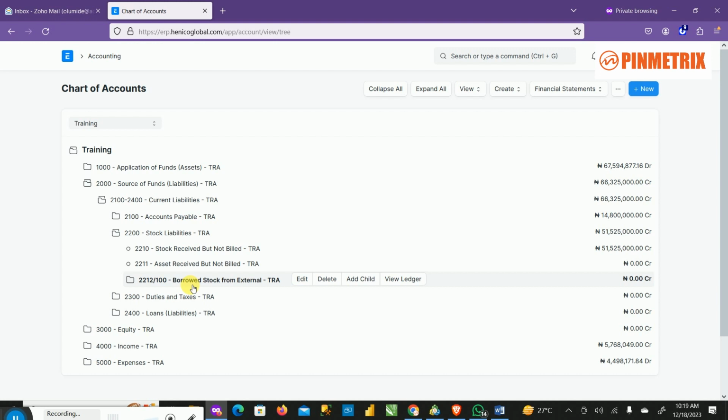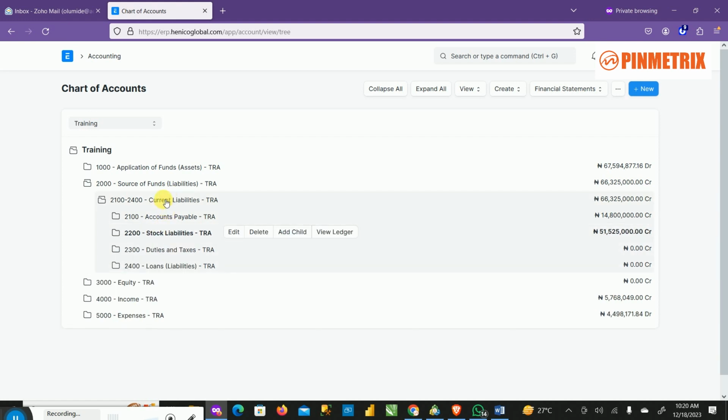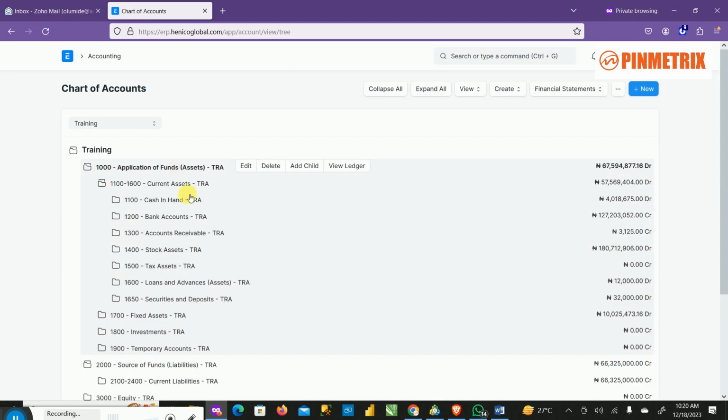It could be a receivable. On a normal day, it's supposed to be a receivables control account that you are debiting, explaining that this person is supposed to return this particular product to you. But in our own case, we have an account for that, which is still under current asset.